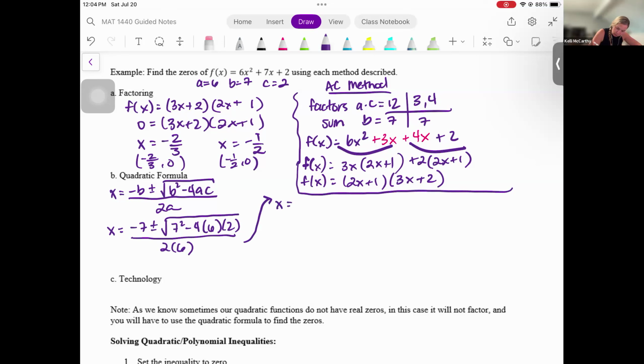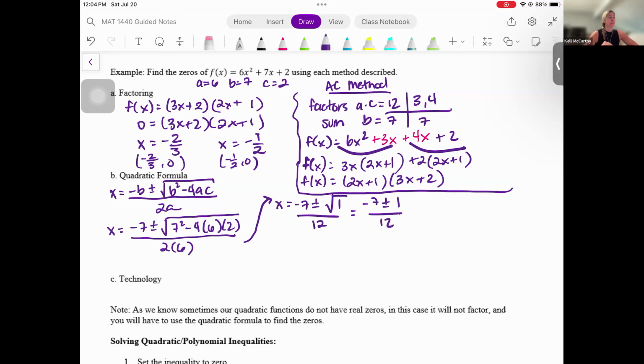So we have x is equal to negative 7 plus or minus the square root of 49 minus 48. So that's going to simplify to the square root of 1 over 12. The square root of 1 is 1. So this is negative 7 plus or minus 1 over 12.